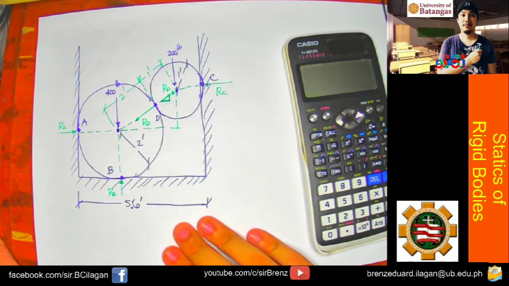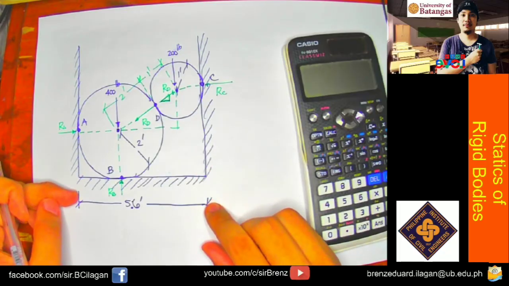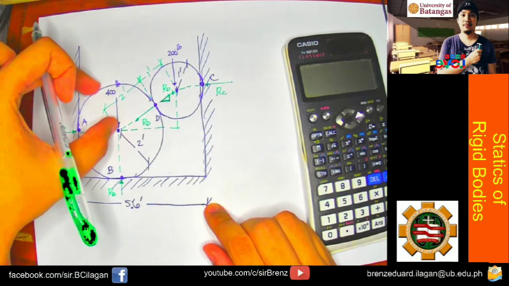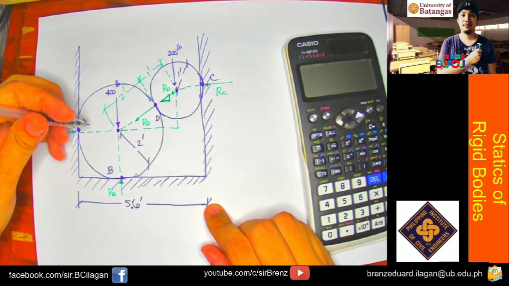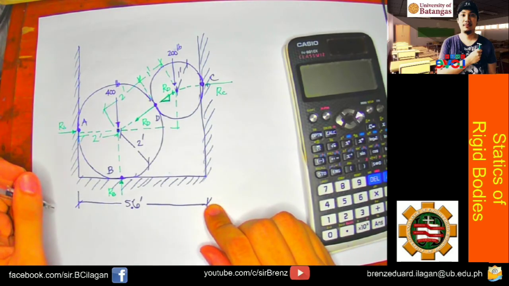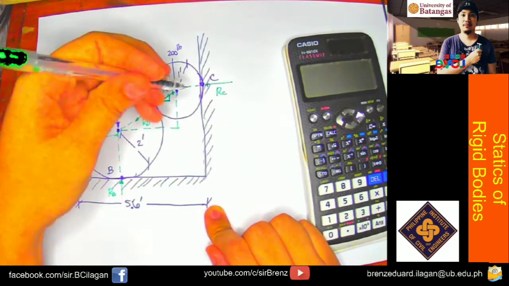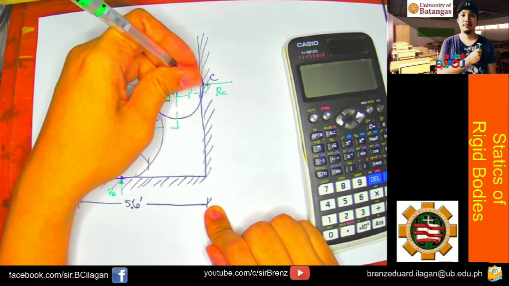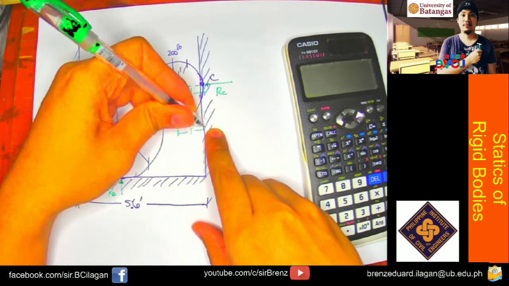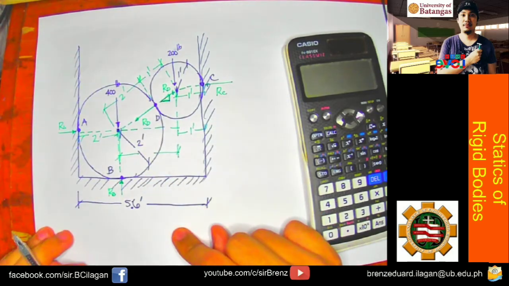Okay? Next, the given dimension of the container is 5.6. This is a radius, which is equivalent to 2 feet, and this one is equivalent to the radius of the smaller cylinder, given as 1 foot. So let's project it. This is 1 foot, so how do you get this dimension?